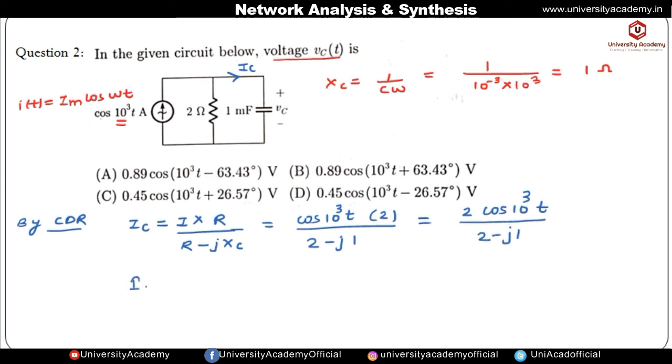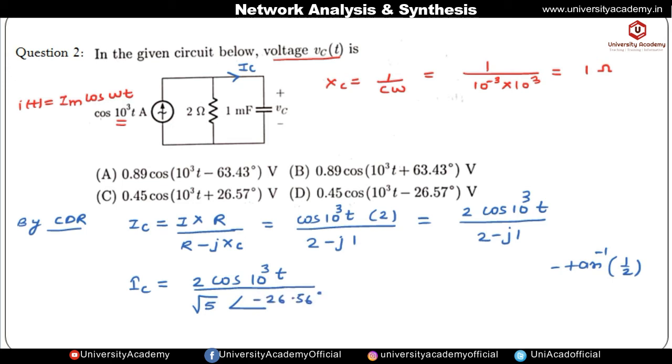If we write this 2 minus j1 in polar form, that is magnitude and angle, its magnitude will be square root of 2 square plus 1 square, that is root 5, and its angle will be minus tan inverse of 1 by 2, which is minus 26.56 degree. Okay, so this is the angle.